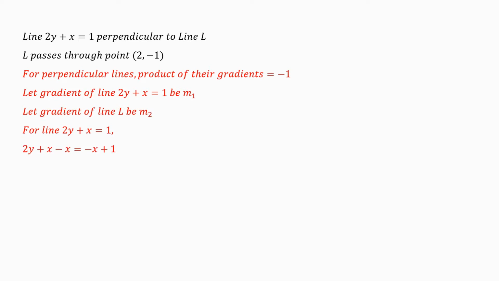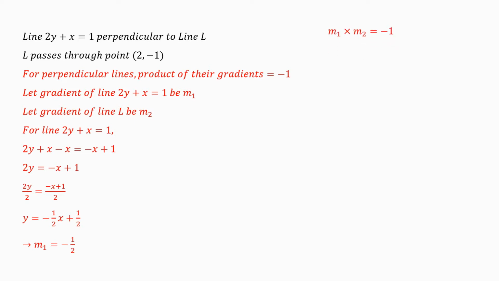So we eliminate the x by subtracting it on both sides of the equation. We have 2y is equals to negative x plus 1. Then divide both sides by 2. We obtain y is equals to negative a half x plus a half. So that means the value of m1 is equals to negative a half.